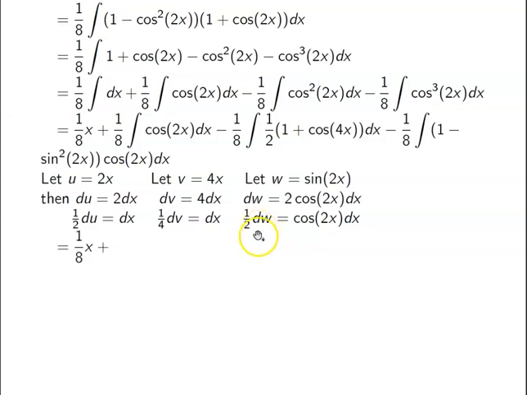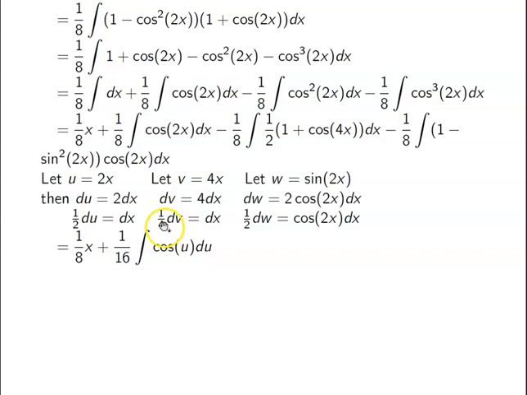And now we can substitute, right? So this is 1 over 8 times x. This will be 1 over 8. This u term is coming here, so times 1/2, and I will have a cosine of u du. So this will be 1 over 16 cosine of u, which is easy to integrate. Here I have 1/8, 1/2, so that's 1/16.